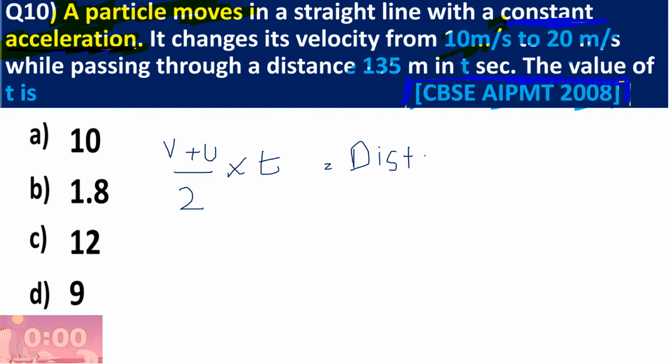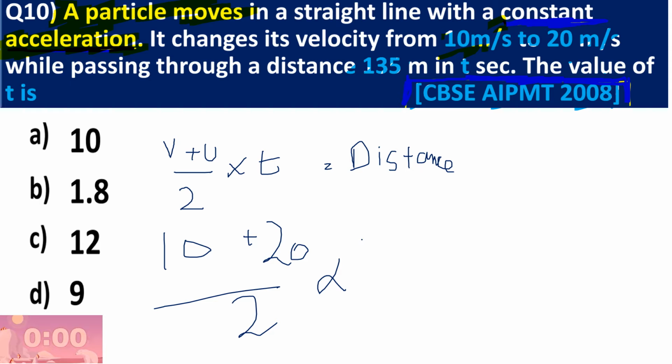Okay, so guys, now V plus U, 10 plus 20 by 2 into time T seconds is equal to 135.